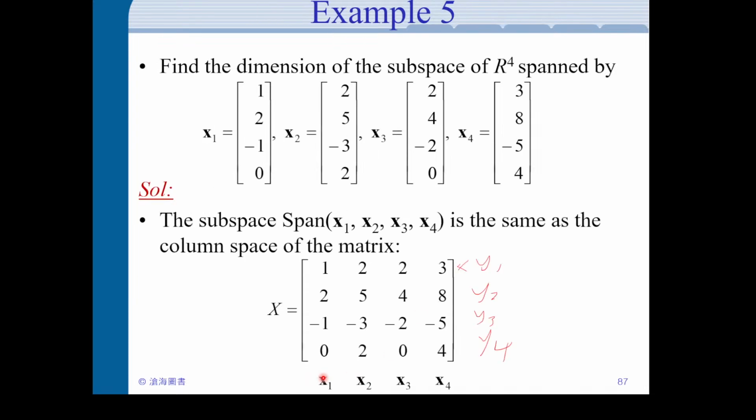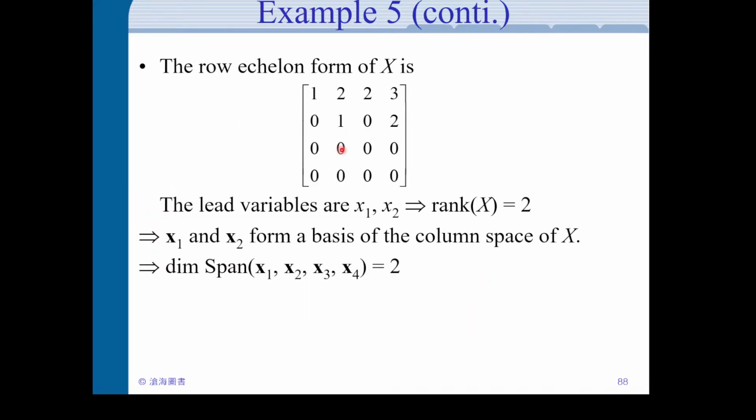Okay, and then we can also do similar things in different formats. So we have 4 vectors here, and we'll find the dimension of the space spanned by them. So we list those 4 vectors into a matrix. And once again, we do reduced row echelon form.